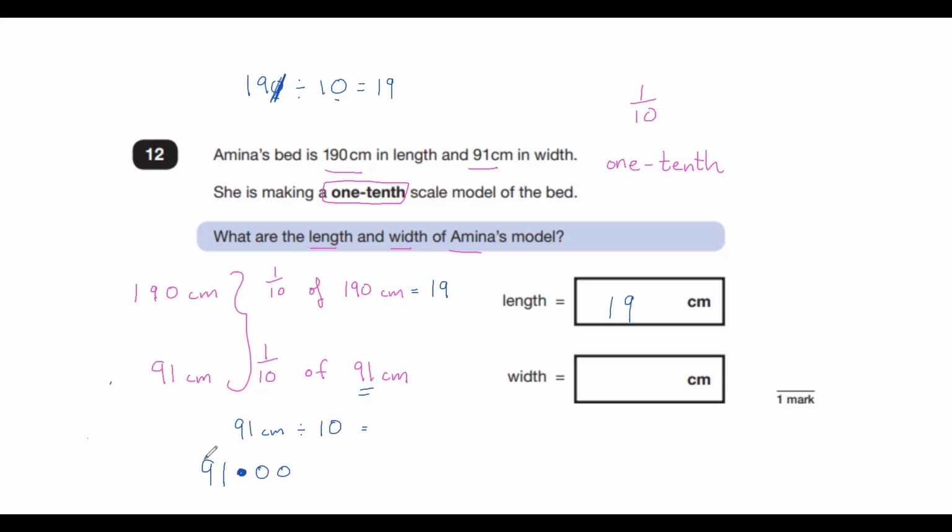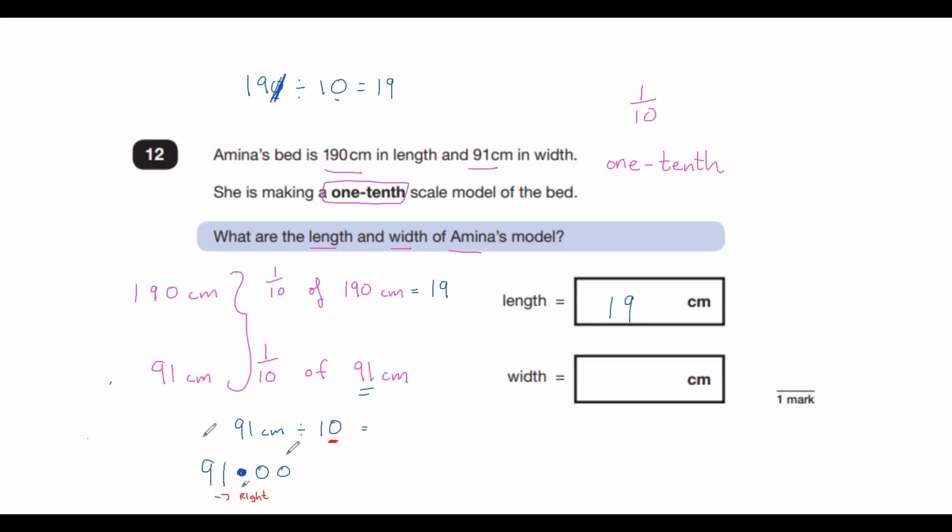Well, it's going to get smaller. And if our number gets smaller, that means you're moving your numbers to the right. And how many places to the right am I going to move my numbers? Well, let's have a look at my 0 here. I've got 1 0. So I'm moving my numbers 1 place to the right.